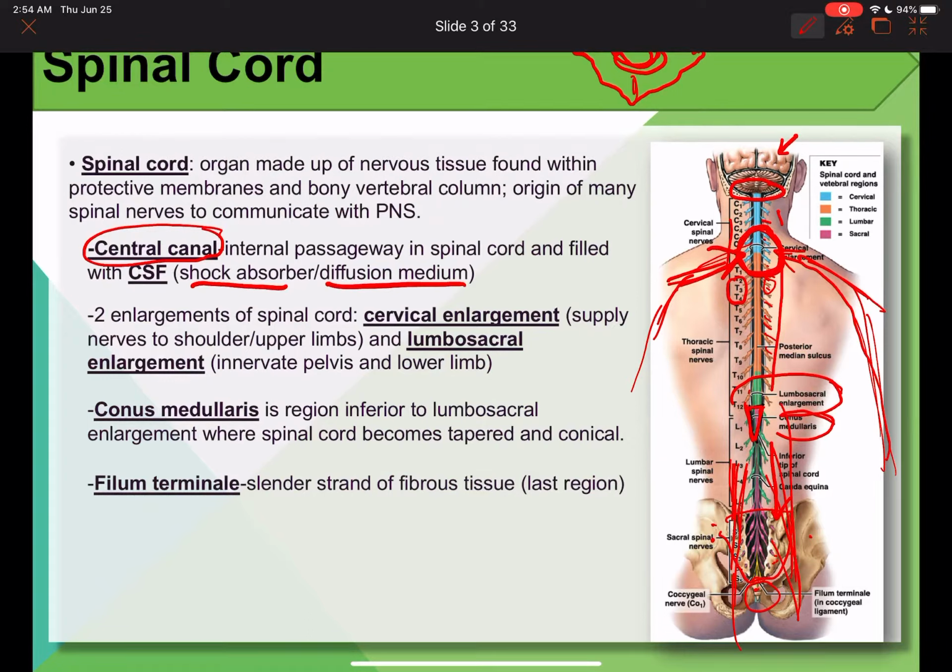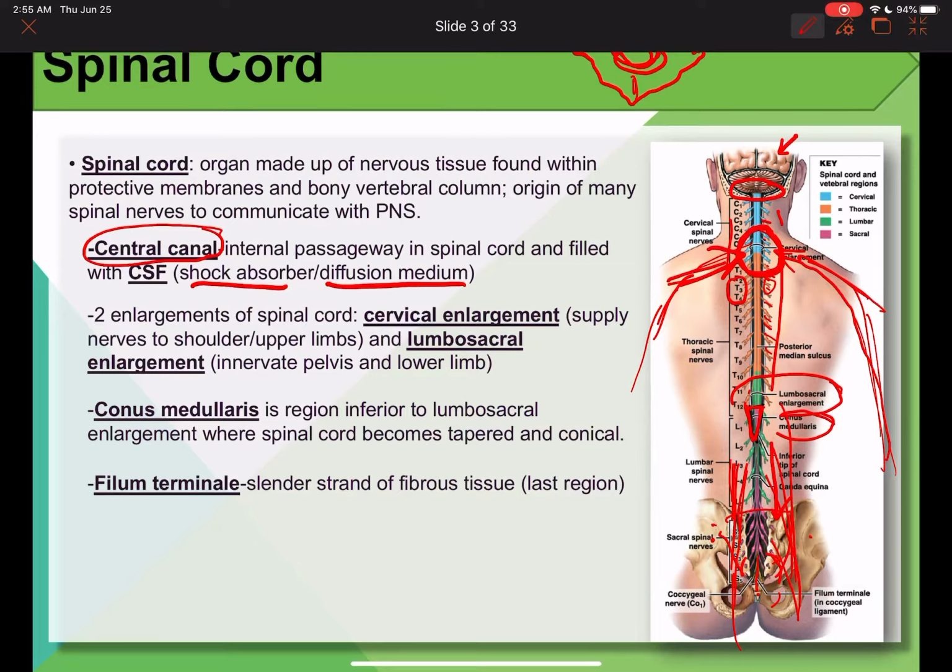The spinal cord ends in a region called the filum terminale, which is just a slender strand of fibrous tissue that ends at the coccyx bone right here. So you will see that there is a yellow strand going down this way, and it attaches to the coccyx bone. So that's the filum terminale.